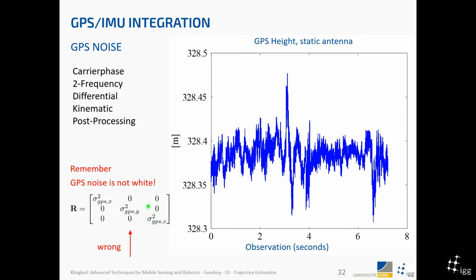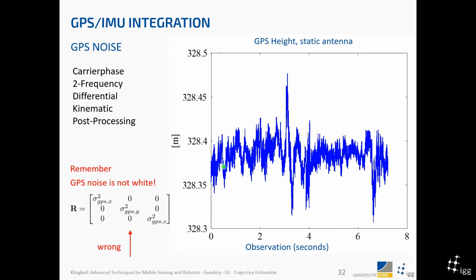This is what we usually do, and it usually works. But I just want to point out again that this is actually wrong, right? GPS measurements or GNSS measurements are not normally distributed. This is an example of, I don't know, a few seconds of GPS data.